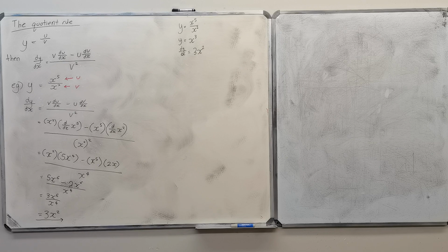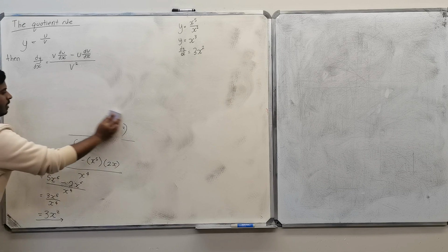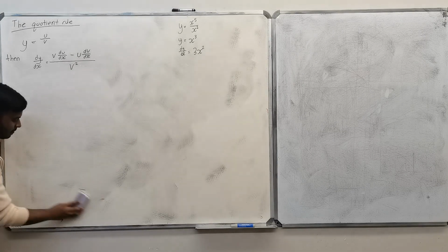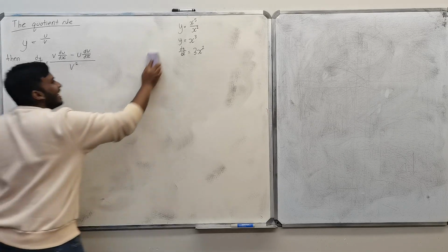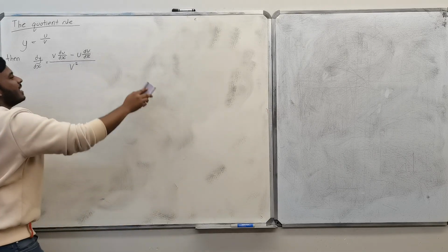Let's do another example. y is equal to tan x, because they love to put it everywhere.